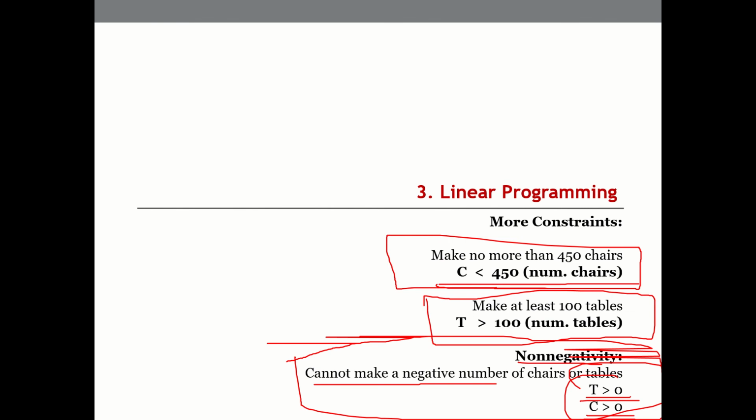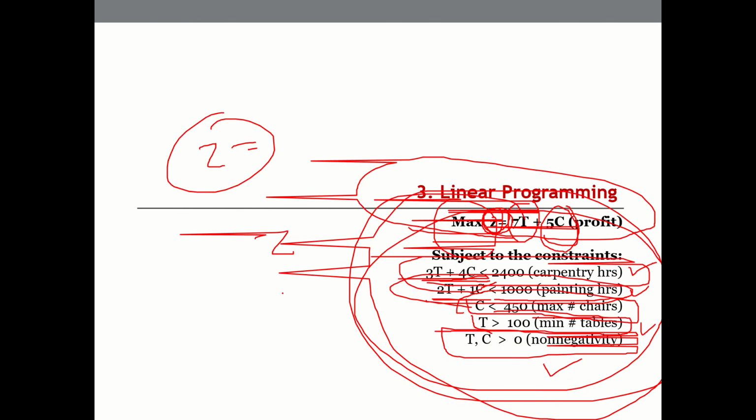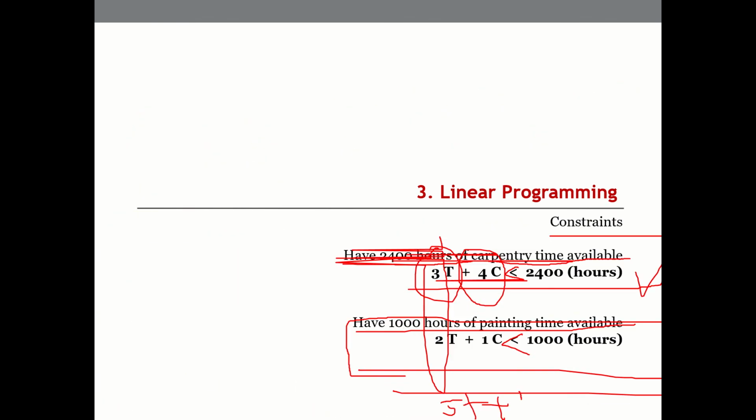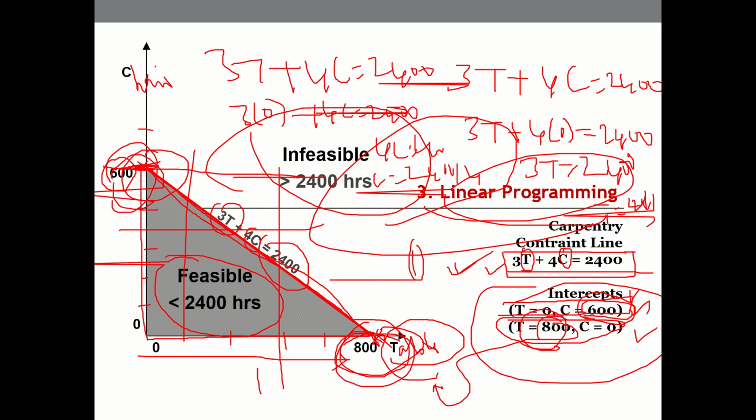As far as the hours in the painting are concerned, it is actually taken into consideration. I'll tell you how. Okay, first, let's say this is a feasible region for making tables and chairs.